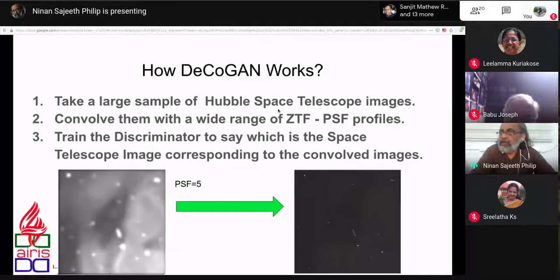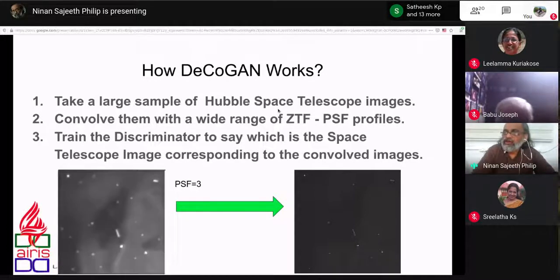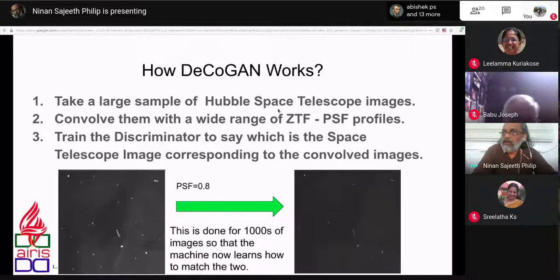If I reduce the PSF to say 3, the image becomes slightly sharper. If I reduce it to say 1.5, it is still blurred, but much sharper than before. If I keep going to lower values, 0.8, 0.5, the sharpness keeps increasing.